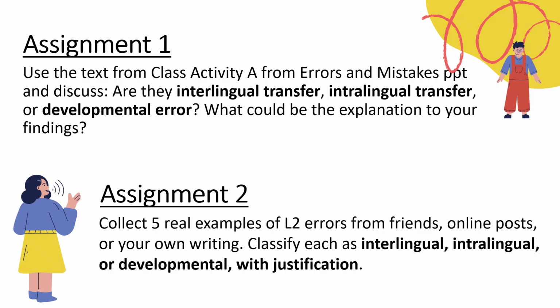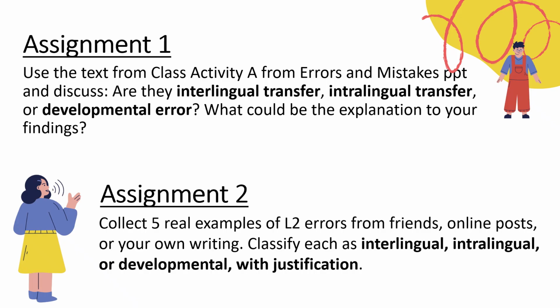So I hope that it's quite clear for you, the sources of errors. And you have two assignments that you have to submit on Thursday. The first one is that you look at the text in class activity A from the errors and mistakes PPT just before. That was for classroom exercise.